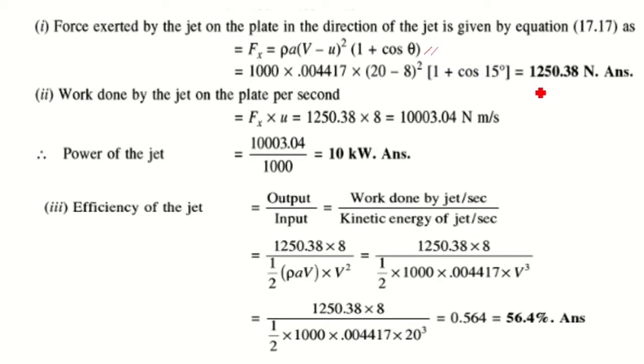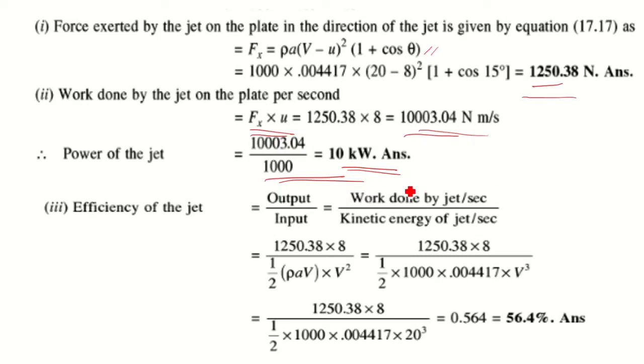So the final answer will be 1250.38 Newton. Work done is force exerted into U, F of x into U, which gives 10,003.04 Newton meter per second. Power of the jet in kilowatts, divided by 1000, gives 10 kilowatt.